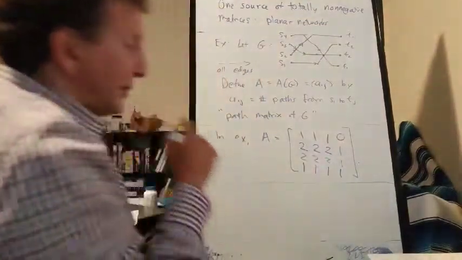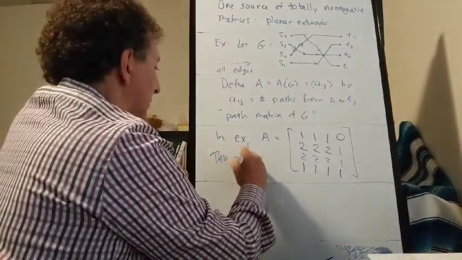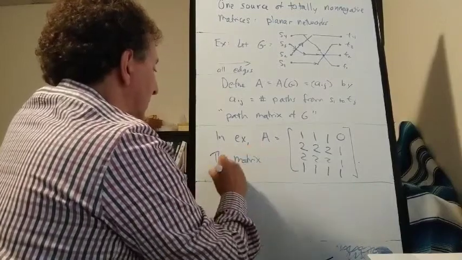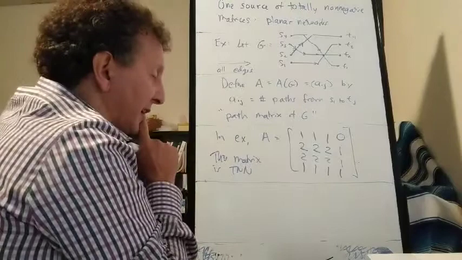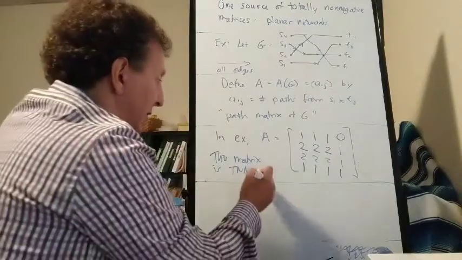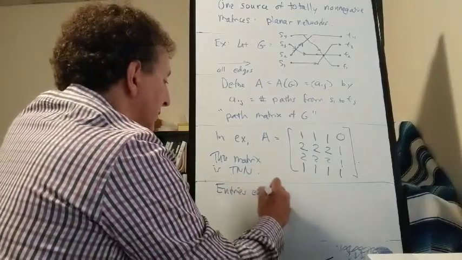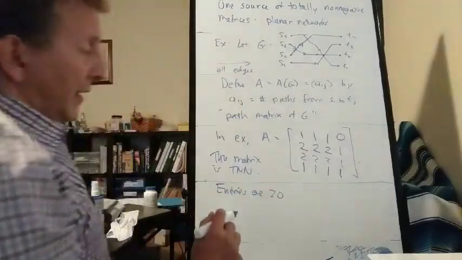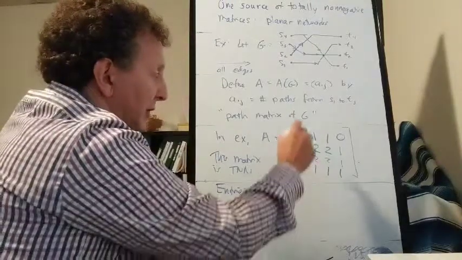It turns out that this matrix is totally non-negative. I guess it's not too hard to see because the entries are all non-negative. The determinant is 0 because we have 2 columns that are equal.